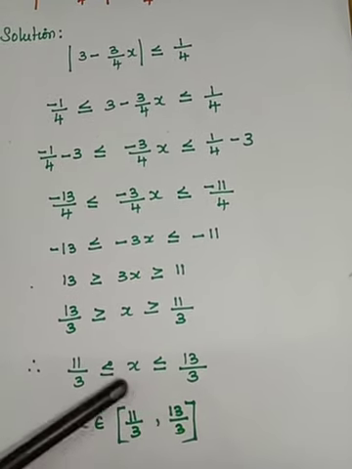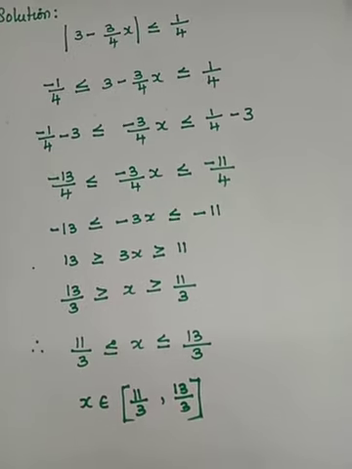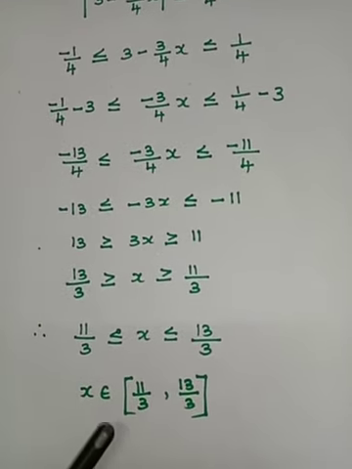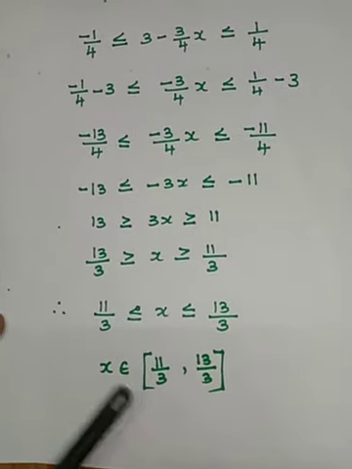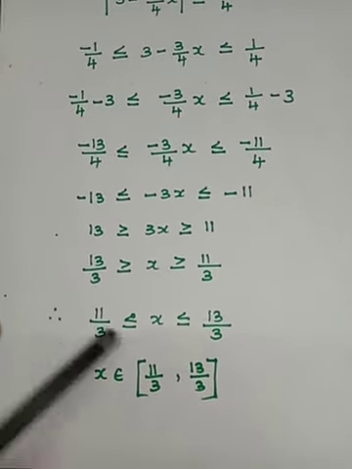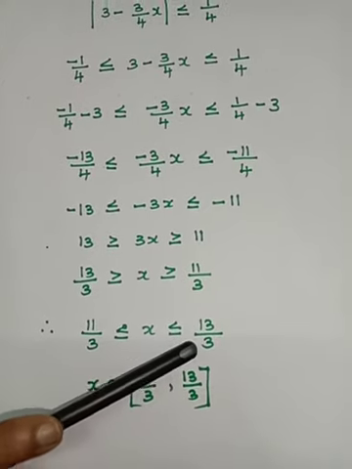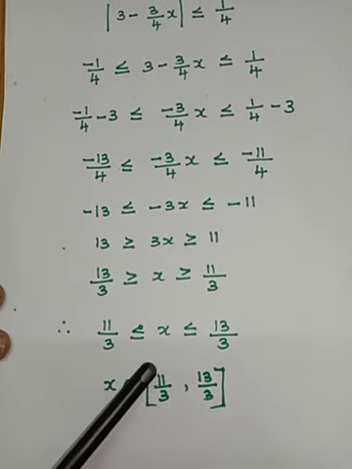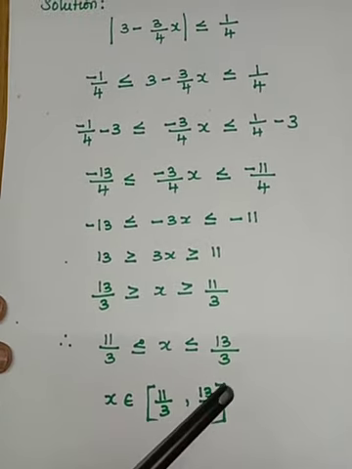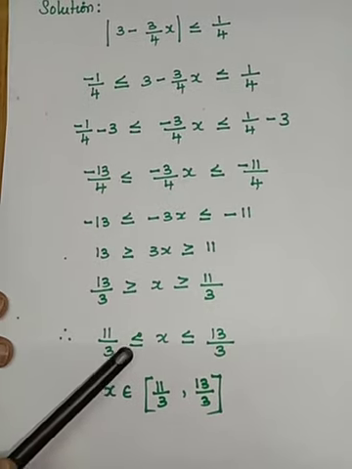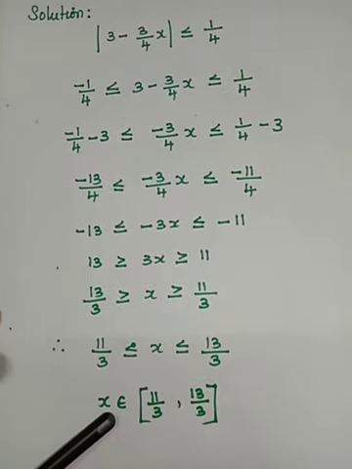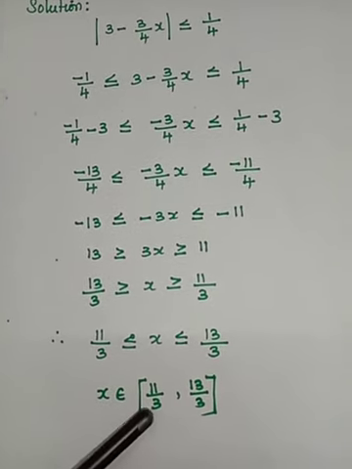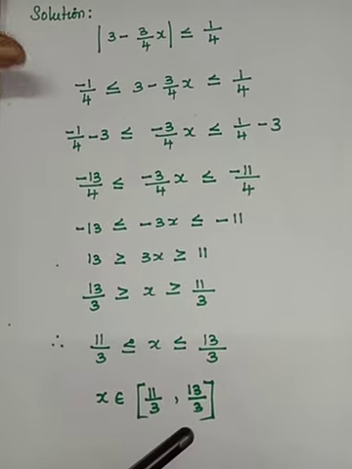So your x varies from 11 by 3 to 13 by 3. Here I have used the square bracket. It means 11 by 3 is included and 13 by 3 is also included. For that only I have used the square bracket, because here the equal symbol is there. So x takes values from 11 by 3 to 13 by 3.